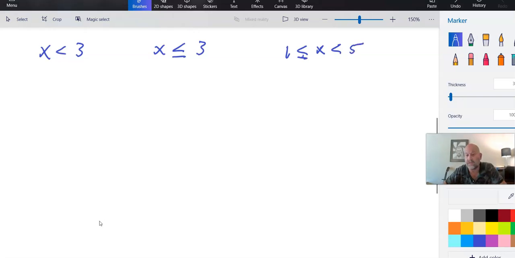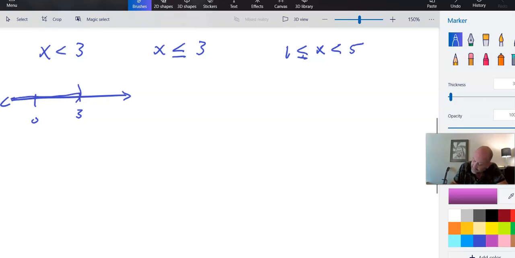Okay, so we looked at these things before. If we were going to graph this, we'd have a 0 here. Let's say 3 is there. This is less than, it does not have the equal to, so it has a round bracket. And we go to the left.